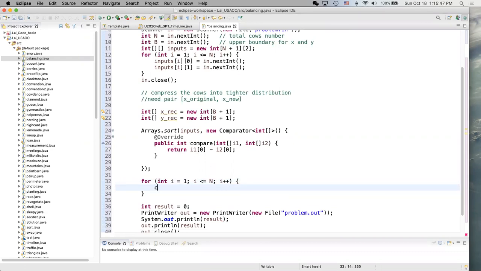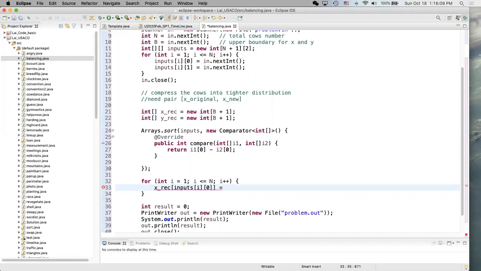So here we're going to have xRecord, where inside is going to be inputs[I][0]. What is this, inputs[I][0]? That's your original X, right? Now we're going to have a new X to assign to that.